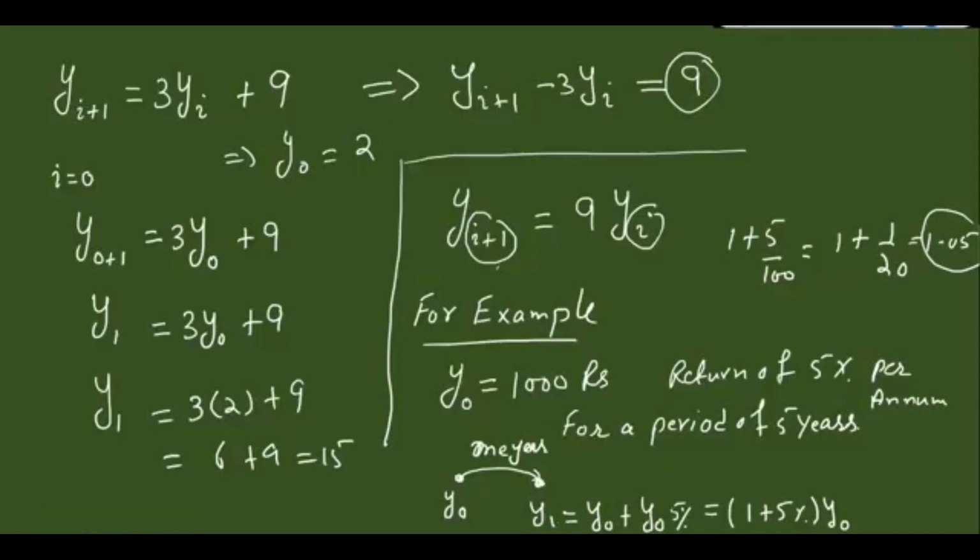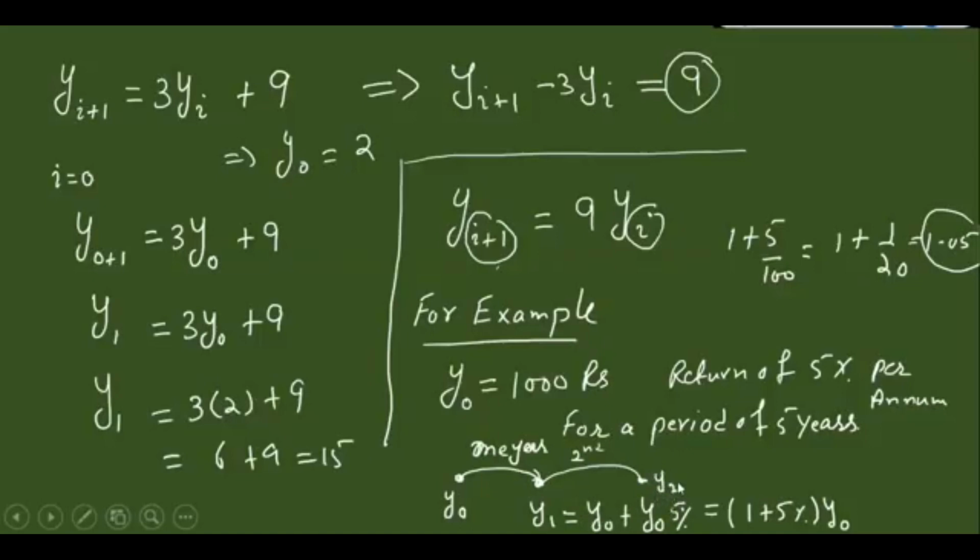If I continue, I will go to the next year as well, which just means the second year. Whenever I complete the second year, I will get the y2 amount. But what does y2 mean here? It is the amount that you will have after the completion of 2 years.